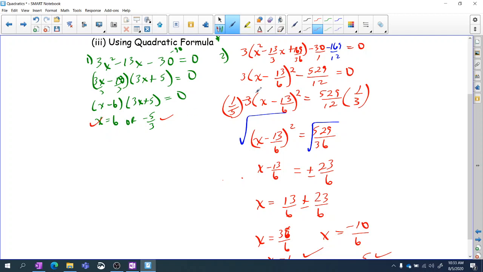I would never use this strategy because the quadratic formula does all this for you anyway. The only time I would get into this is if I was told I had to do it that way. Otherwise, I'd either factor, and if it didn't factor or I couldn't see the factors, I would go to this third strategy, which is the quadratic formula.